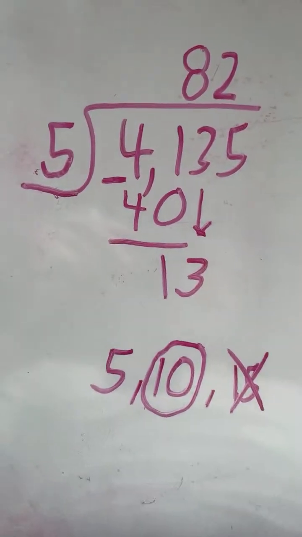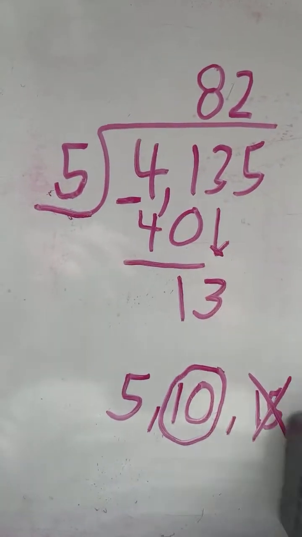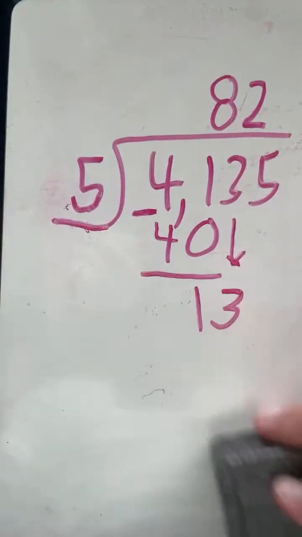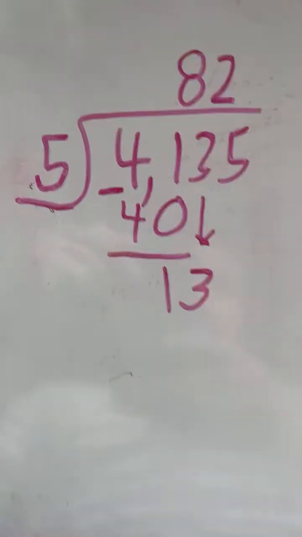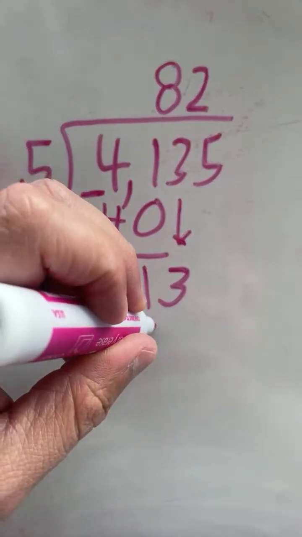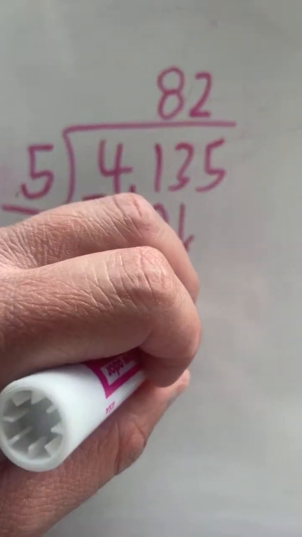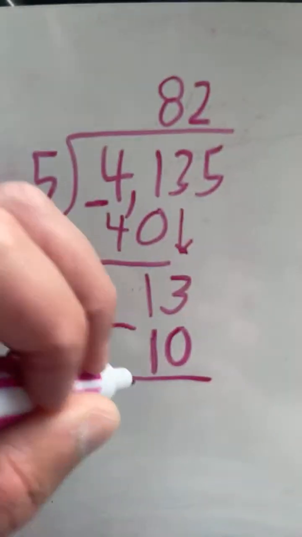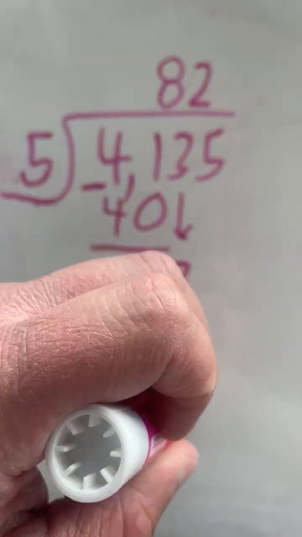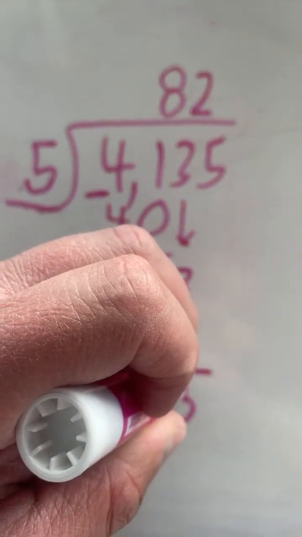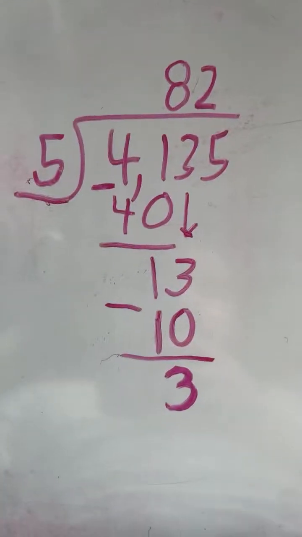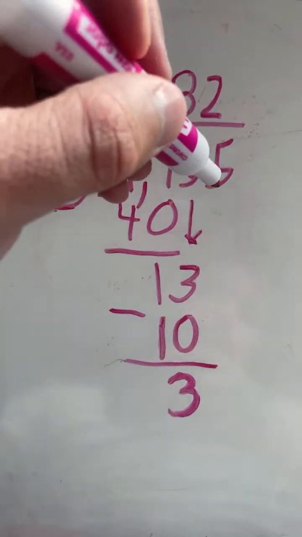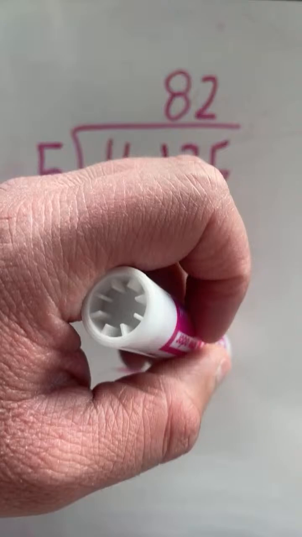So 10 is what we need to subtract. 13 minus 10 equals 3. So we have our remainder of 3.